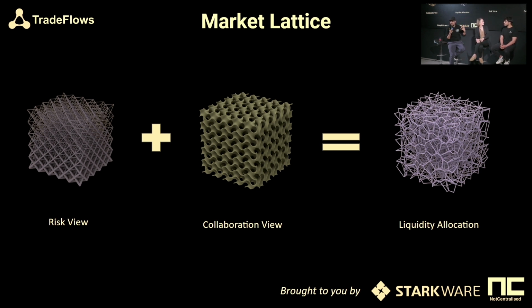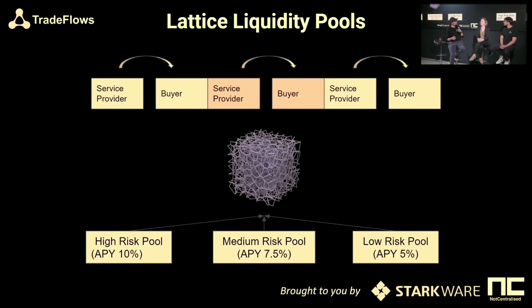But this is at an economy level. Now, the consequence of that is that you can actually create liquidity pools where you have providers that are willing to fund or provide liquidity not only to a specific node or a company in Web 2 terms, but to an entire part of the supply chain.